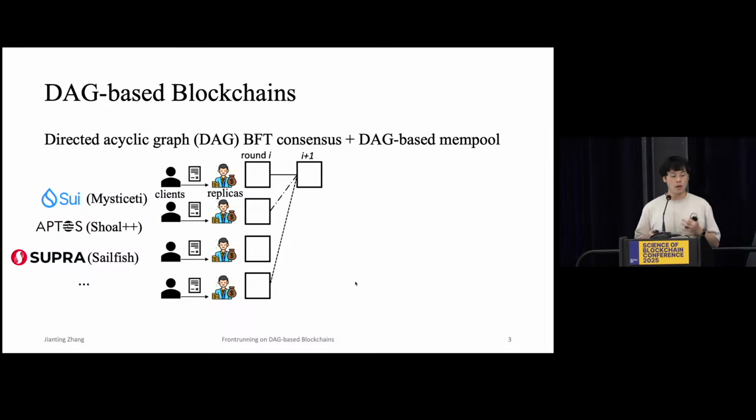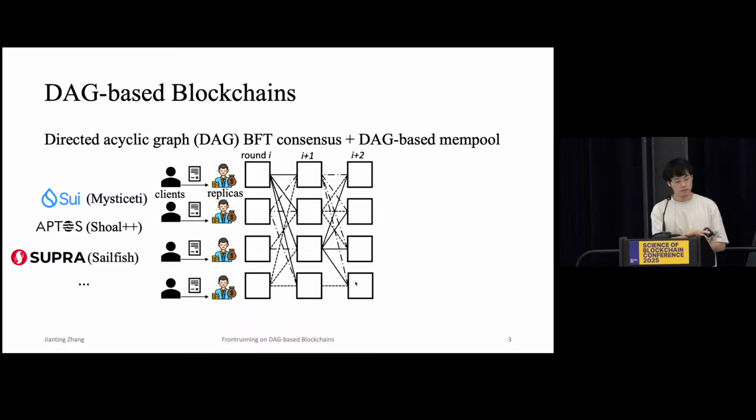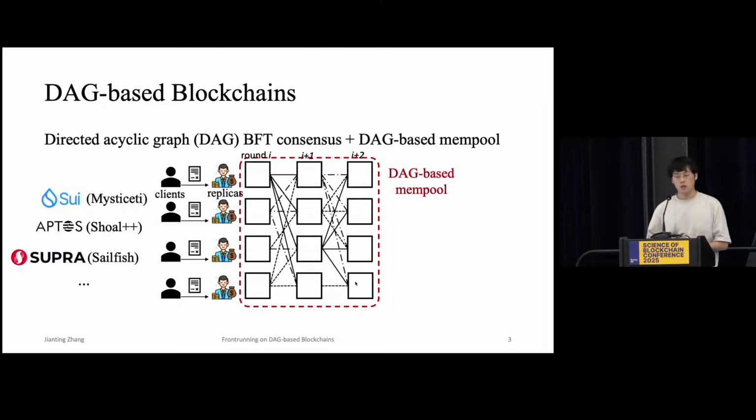In each round, whenever a replica proposes a new block, the new block has to reference a quorum of blocks from the previous round. As time goes on, you can imagine that those newly created blocks, as well as the connections, will form a graph. Each replica will use this graph as its mempool.